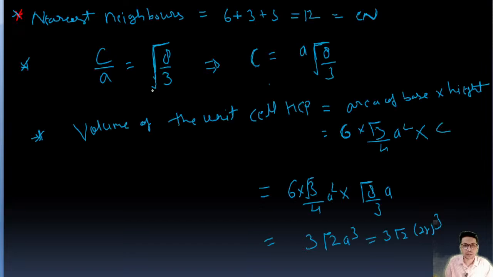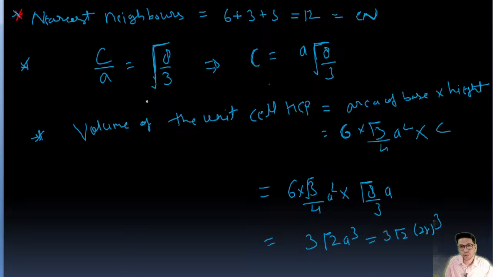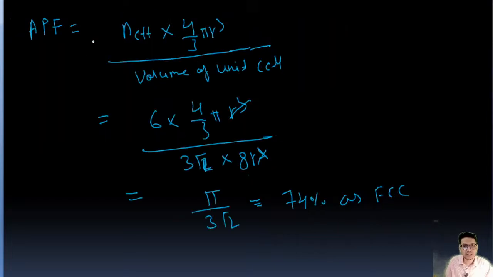Next point is coordination number. Okay, coordination number we have already found, that is 12. So here we can see, since coordination number is greater than or equal to 12 in this case, and APF is greater than or equal to 74%, I have explained in my last lecture.